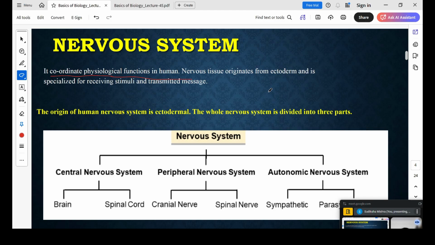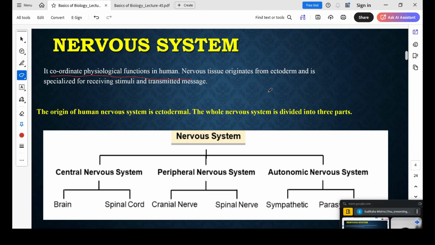So when zygote is formed and it starts to divide, at one particular stage in the developmental regime, it arranges itself into different layers. These layers are called endoderm, ectoderm, and mesoderm.